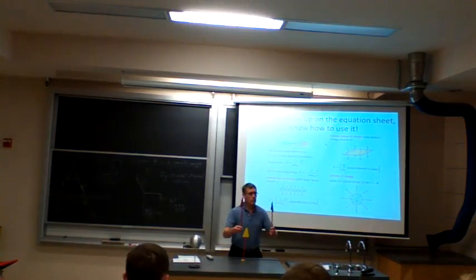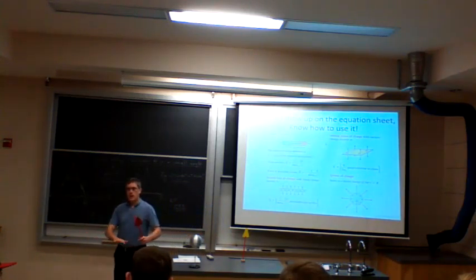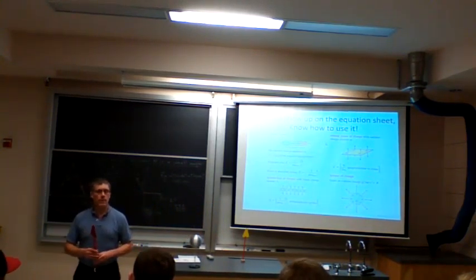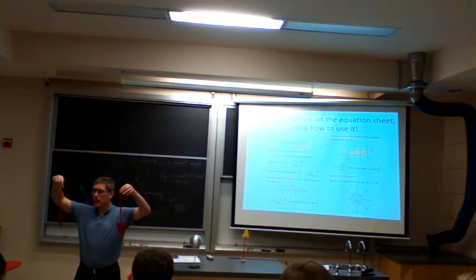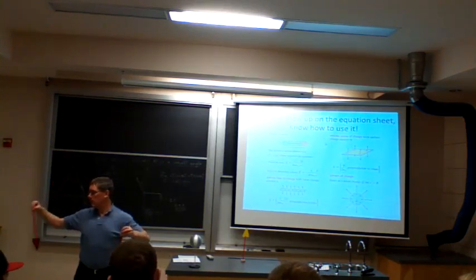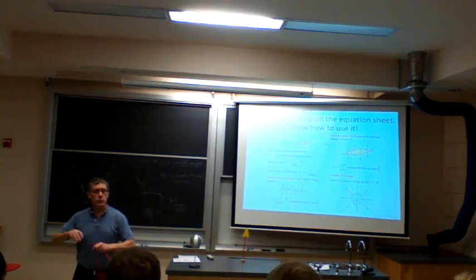It doesn't get bigger, it doesn't get smaller. How does it compare to the gravitational field near the surface of the Earth? The gravitational field points down. Right? How does the field here compare to the field over here? It's the same. So I have this uniform field.